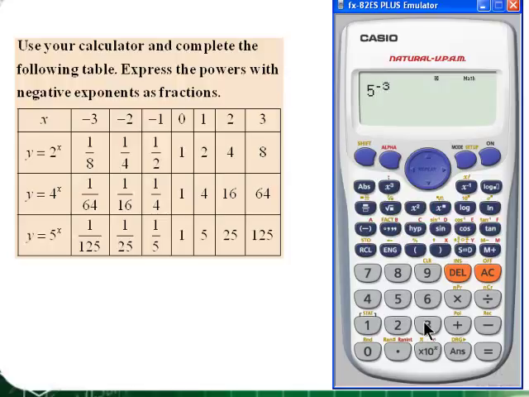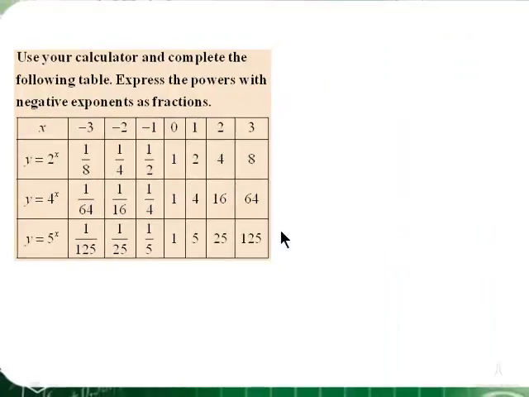Remember, we know that this is 1 over 5 to the power 3, and you should know that 5 to the power 3 is 125. But the calculator will help you straight away with this, showing that 5 to the power minus 3 is 1 over 125. So whatever way you choose to complete this table, the first assignment is to complete the table.